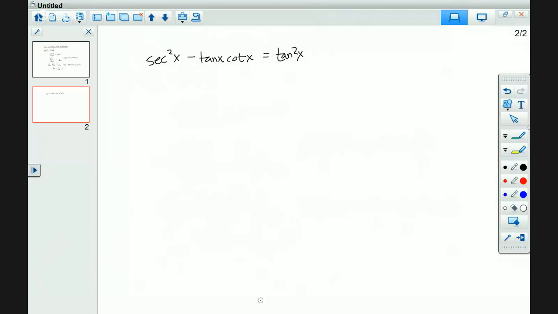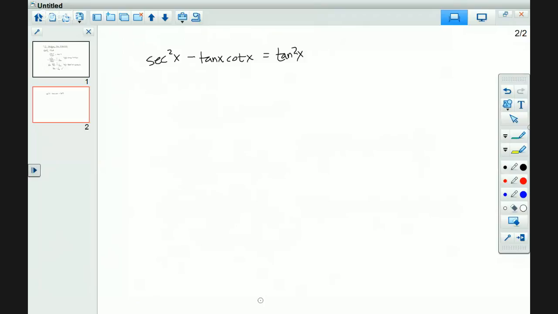This is one spot where sine and cosine will not help you. It will actually lead you down a rabbit trail that makes it a lot more difficult.